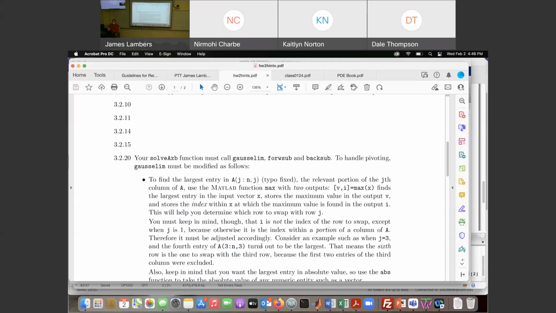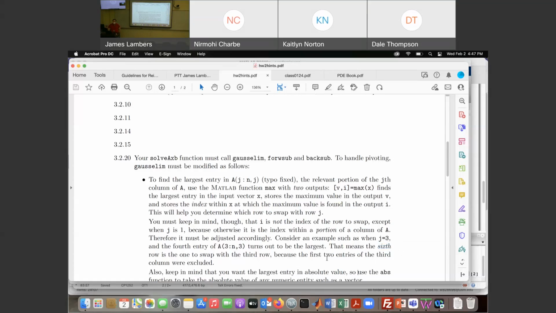That does not mean you swap rows 3 and 4. It means you swap row 3 with row 6, because you have to take into account the elements above the diagonal in determining the correct index of a row to swap with. So be careful about that.